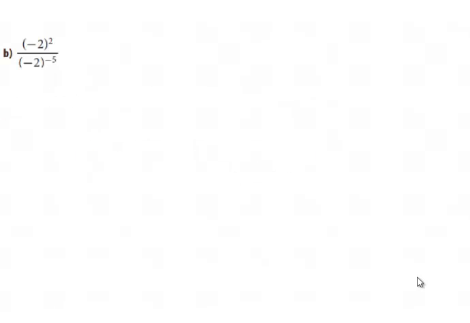The next example, we have to simplify negative 2 exponent 2 divided by negative 2 exponent negative 5. Since we are dividing two powers with the same base, I'm going to subtract the exponents. So I'm going to get negative 2 exponent 2 minus negative 5.